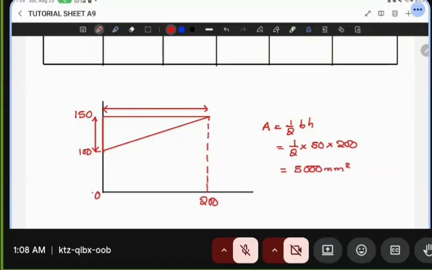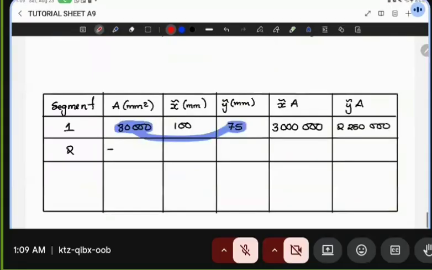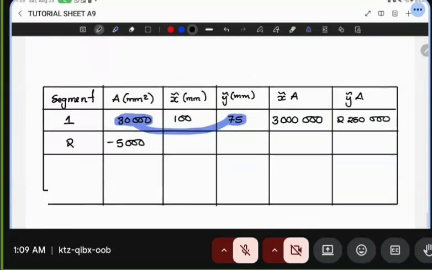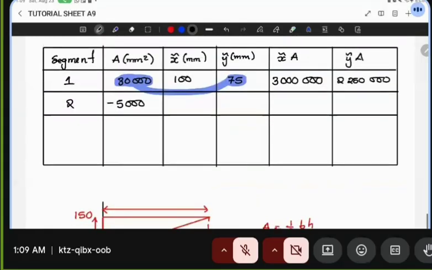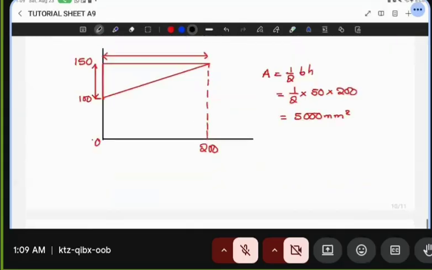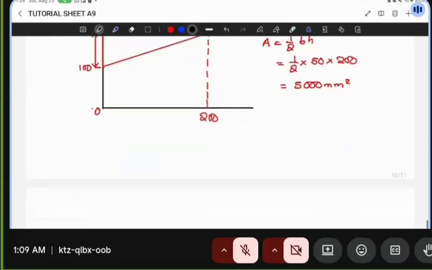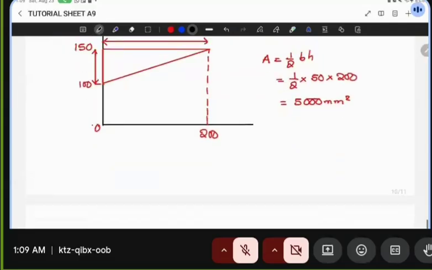Yes. Because we are cutting it out, we're recording it with a negative. Next, what will be its centroid? For a triangle, what is the formula for its centroid?